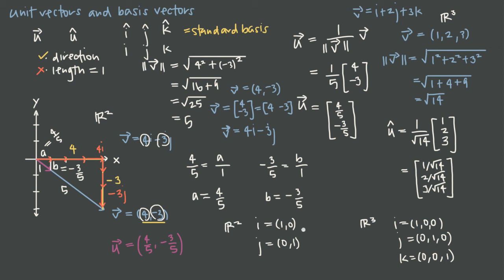So in the next couple of videos, we'll talk about the linear independence of the standard basis vectors i and j and i, j, and k, and what it means to span a space using a linear combination of linearly independent vectors.